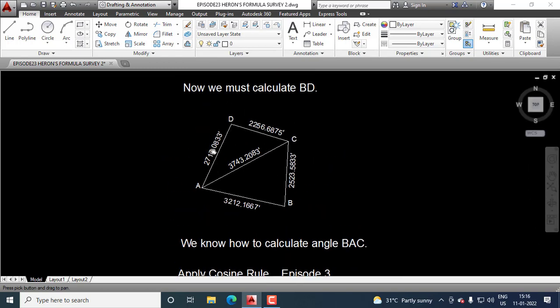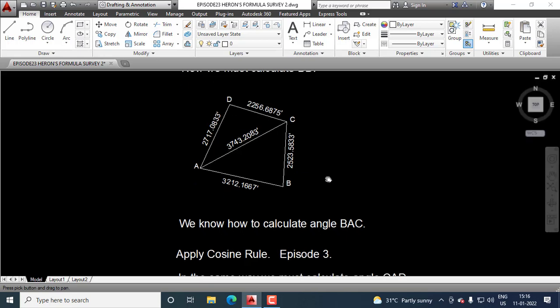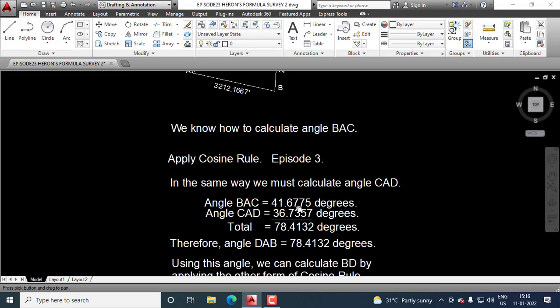And now we must calculate this angle also. We know all the three sides, and by applying the cosine rule, we can calculate this angle also. After calculation, that angle CAD is 36.7357 degrees. We add both these figures and we get 78.4132 degrees.